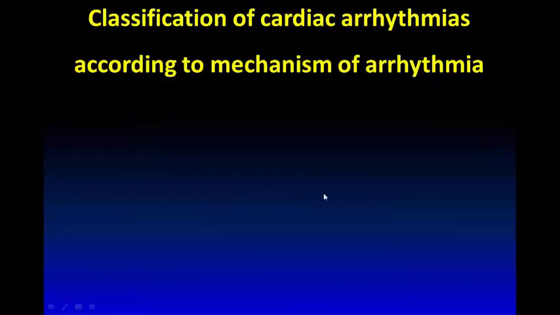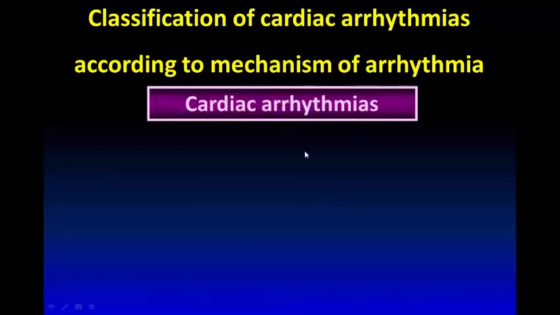Having known what is a normal sinus rhythm and what is meant by a cardiac arrhythmia or a cardiac dysrhythmia, let us classify cardiac arrhythmias or cardiac dysrhythmias. Cardiac arrhythmias can be classified in different ways. One way to classify cardiac arrhythmias is to classify them based on the mechanism.